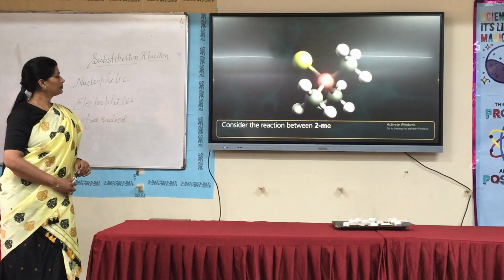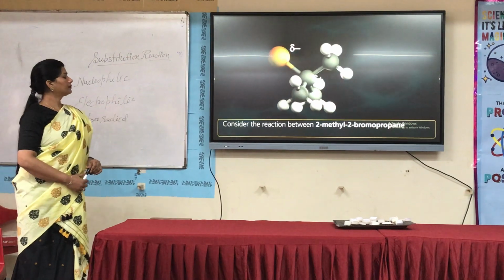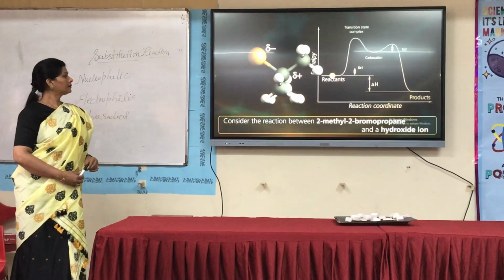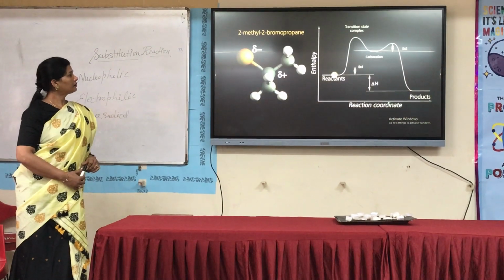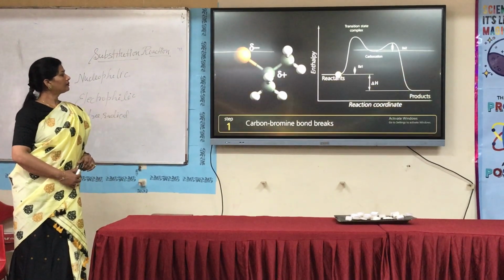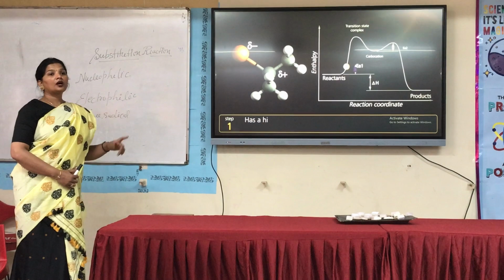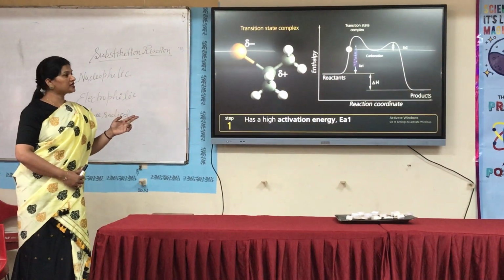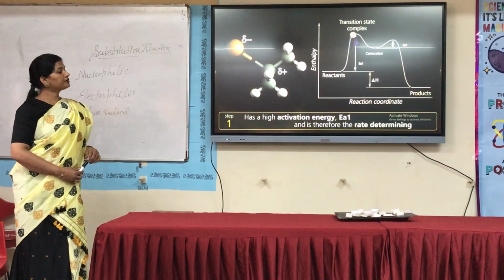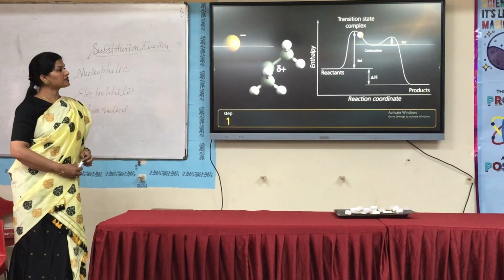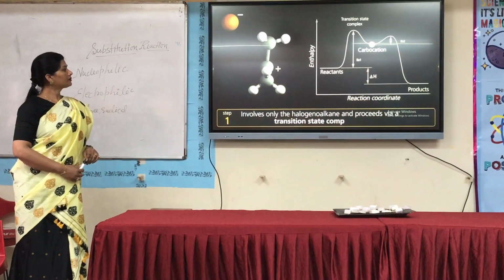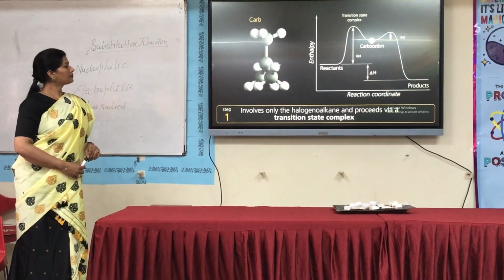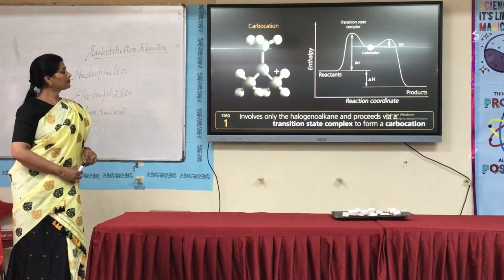Consider the reaction between 2-methyl-2-bromopropane and a hydroxide ion. It has a two-step enthalpy profile. The first step, the heterolytic fission of the carbon-bromine bond, has a high activation energy, E1, and therefore determines the rate of the reaction. The first step involves only the halogenoalkane and proceeds via a transition state complex to form a carbocation.